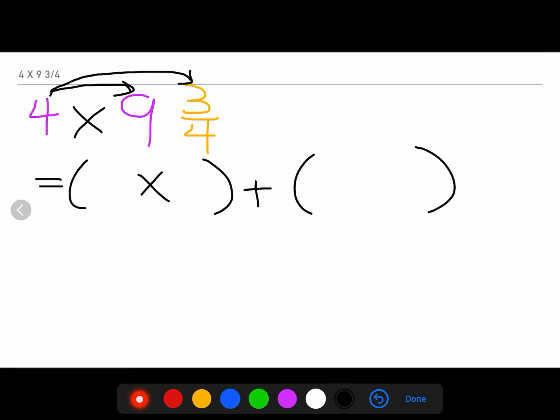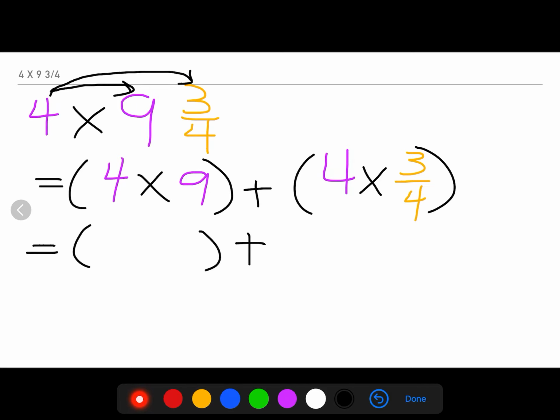What would I be multiplying together? Awesome thinking, guys. 4 times 9. Now what about my second set? Awesome job. 4 times 3/4.